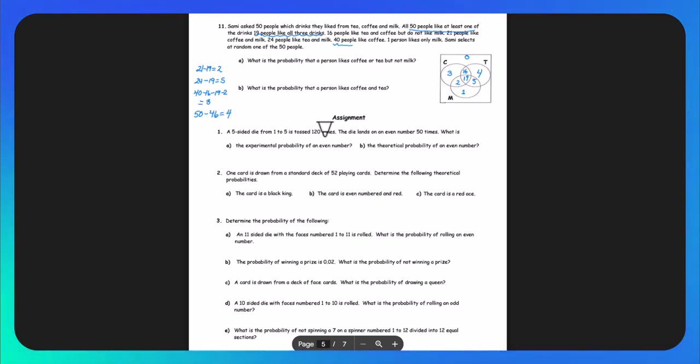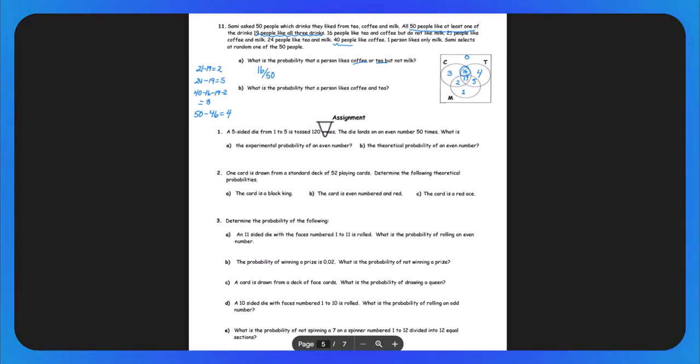What is the probability that a person likes tea or coffee but not milk? Well, there are 16 people in that, so we can say 16 over 50.